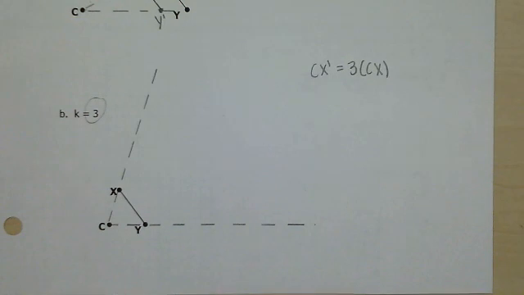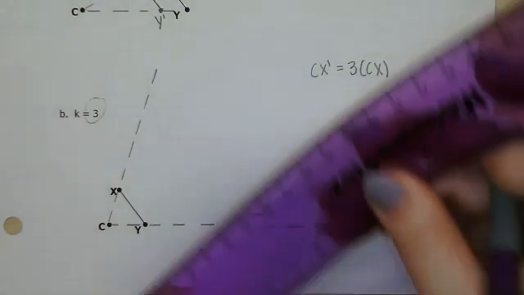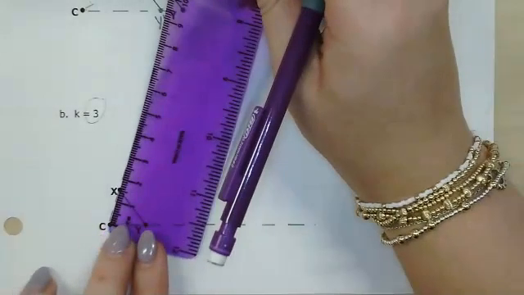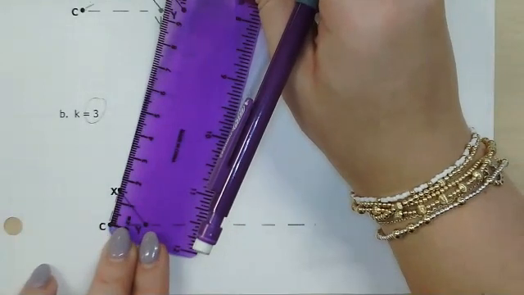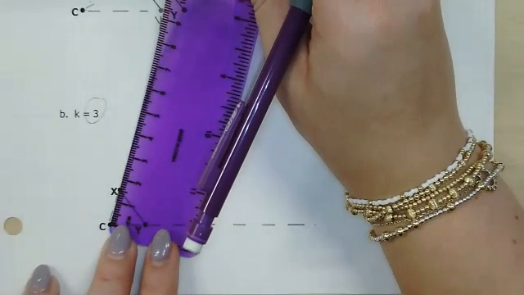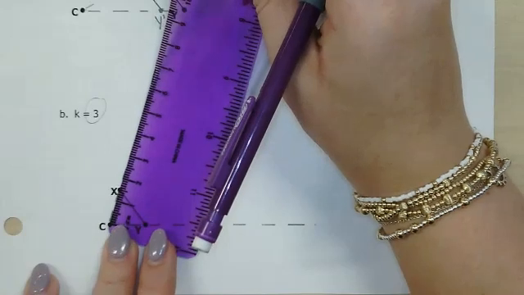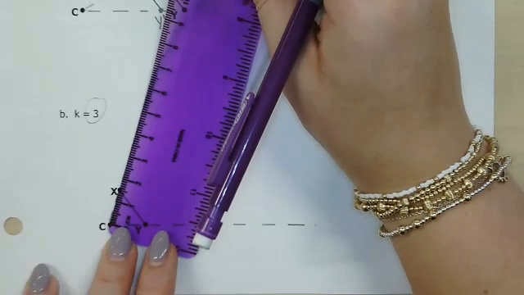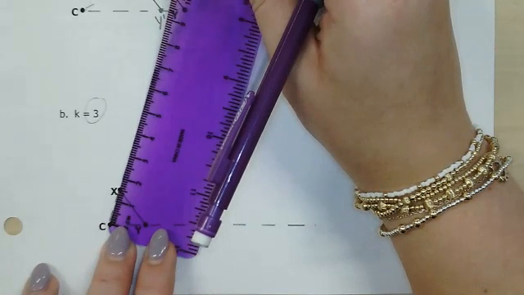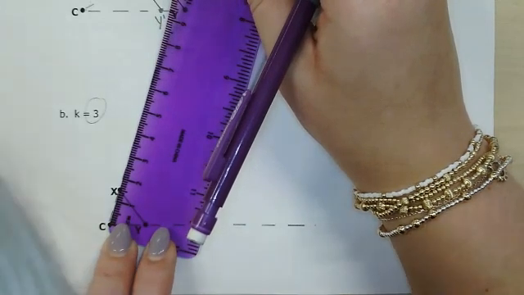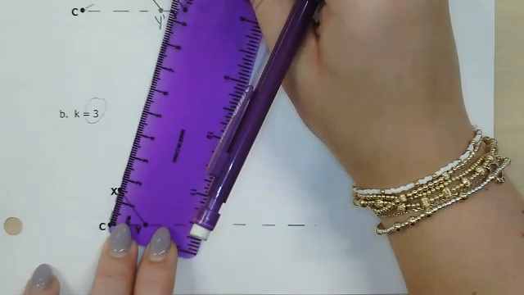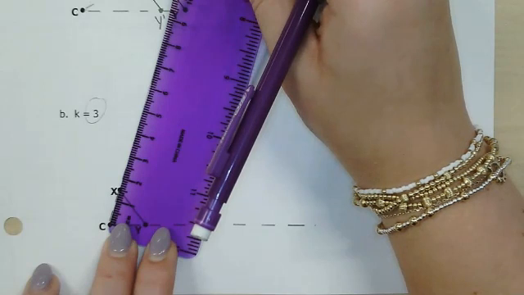So I take my ruler, and in millimeters, I'm going to measure how long this segment is from C to X. What does that look like to you guys? Are we measuring from the inside of the circles or the outside? You should put your 0 in the middle. Mine's looking like it's right at 15. That middle line is hitting right in the middle of that dot. So I'm going to put 15 there.